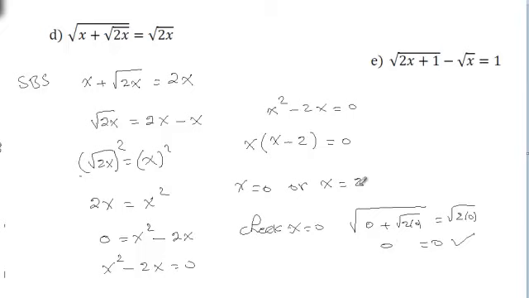And we do also 2. 2 times 2 is 4. Radical 4 is 2. Plus radical 2 times 2, 4, which is 2. So 2 is equal to 2. So also x equal to 2 is accepted after checking. Okay?